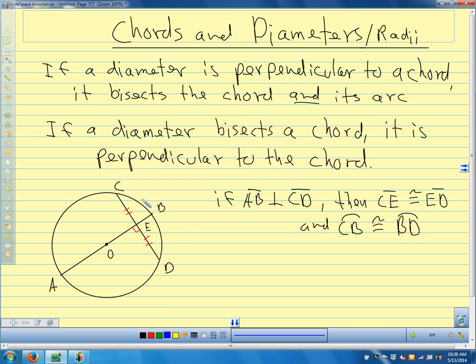So these two arcs are congruent. And then if we say it the other way around, if CE is congruent to ED, then AB is perpendicular to CD.